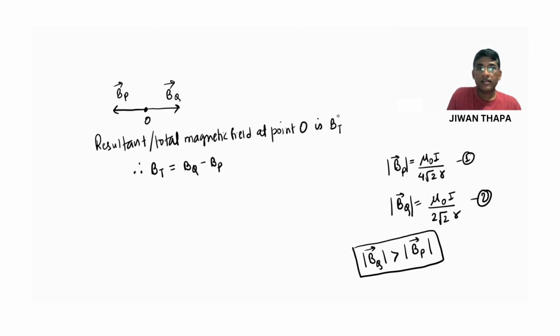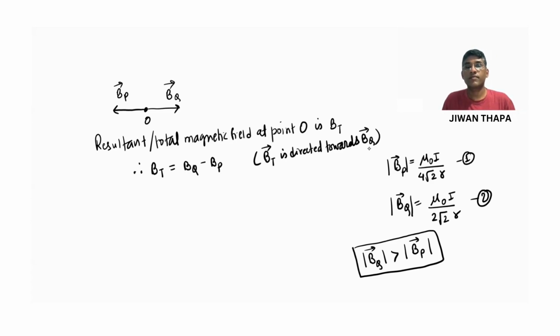And the direction of resultant magnetic field is towards, okay? So I'm writing over here in vector form, okay? BT is directed towards BQ. So we have this. So BT, that is resultant magnetic field, acts towards coil Q. So we have this.